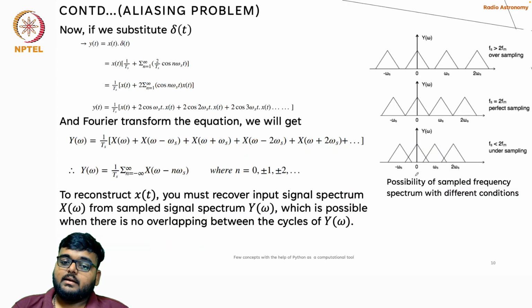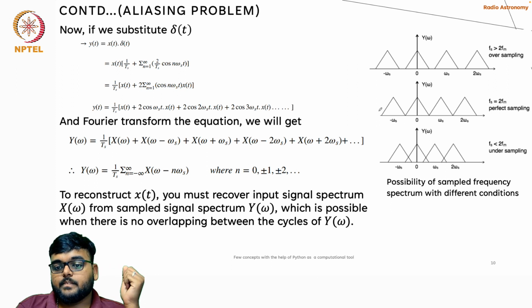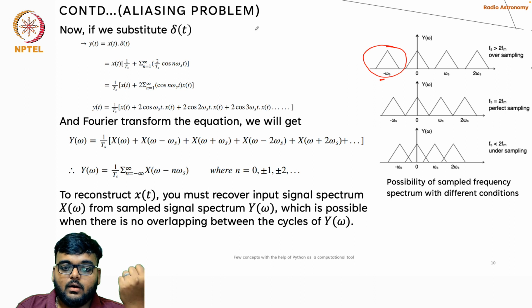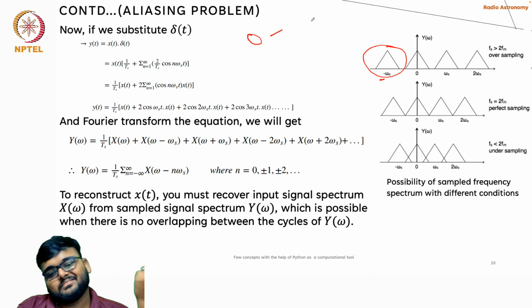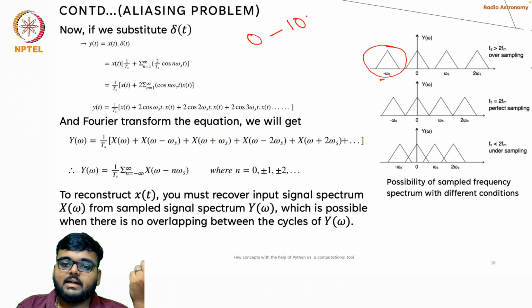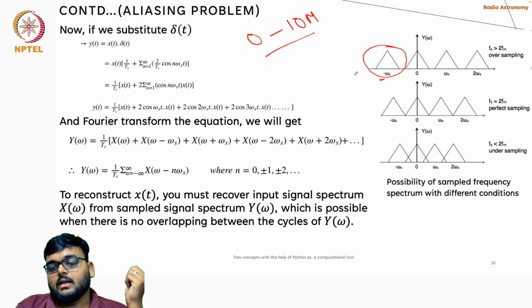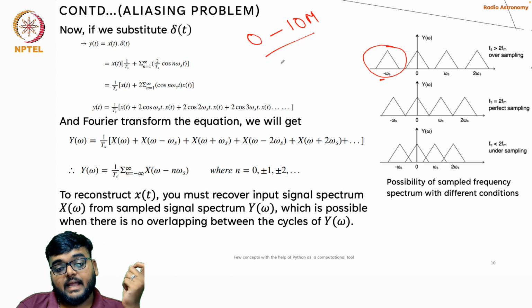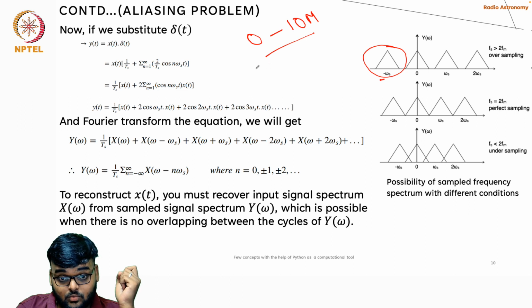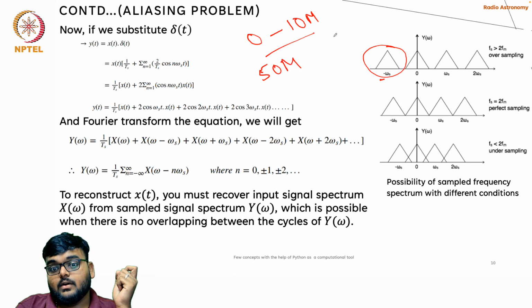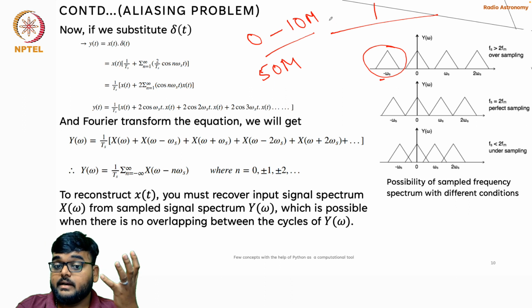Let's discuss this. This was discussed in week 4 also, but we will discuss a bit more about it. So if we have, say, a signal which has a bandwidth of 0 to 10 megahertz, and you are sampling at the rate of, say, 50 megahertz, you will have a frequency spectrum in the discrete Fourier transform.